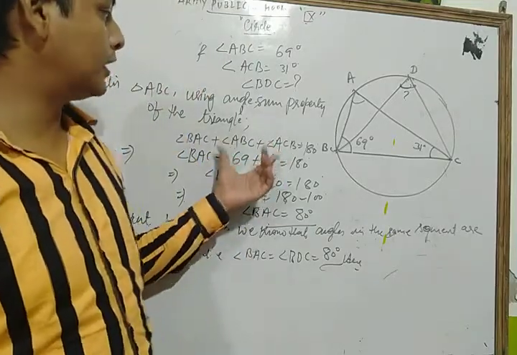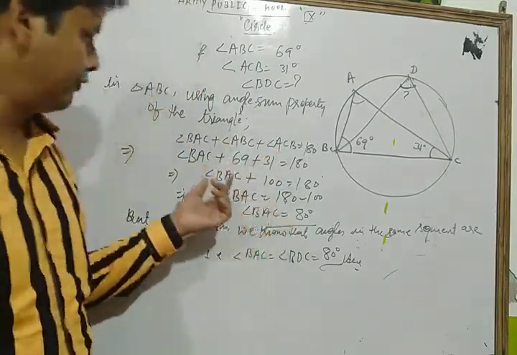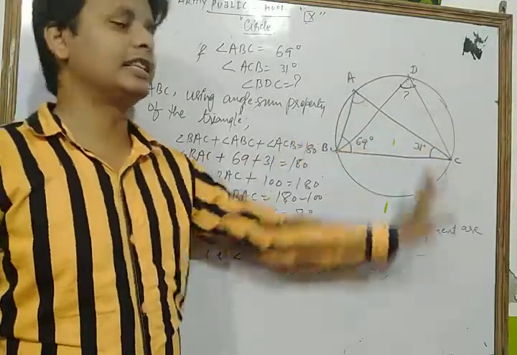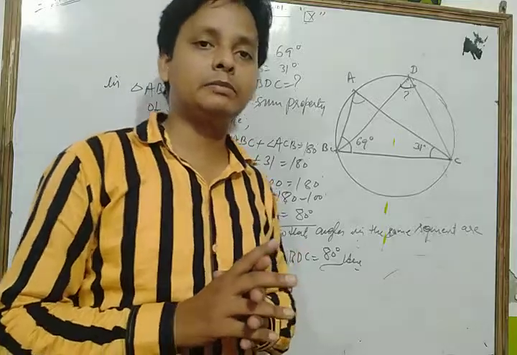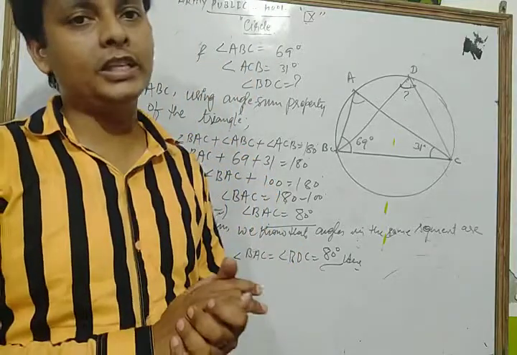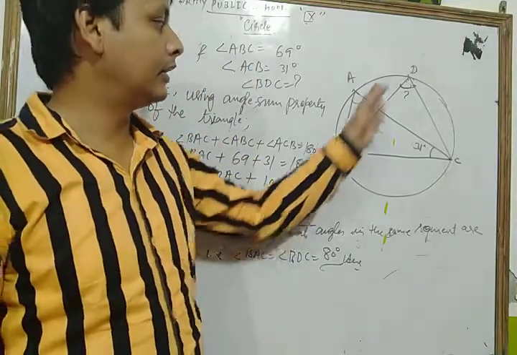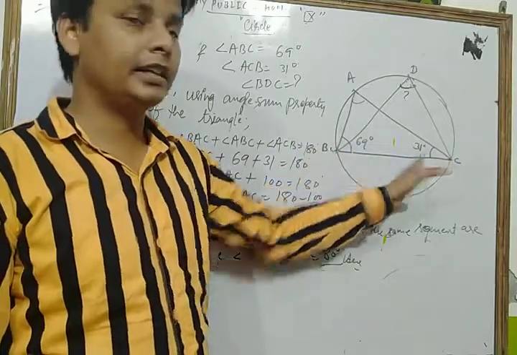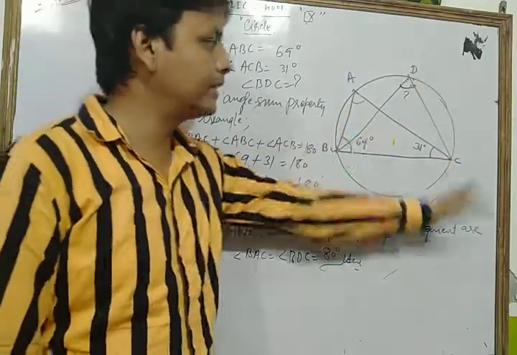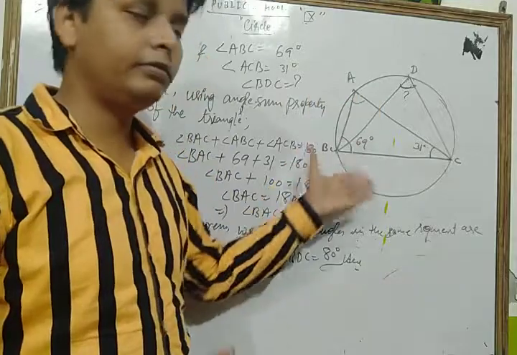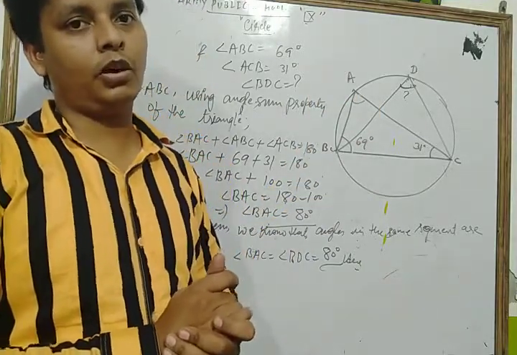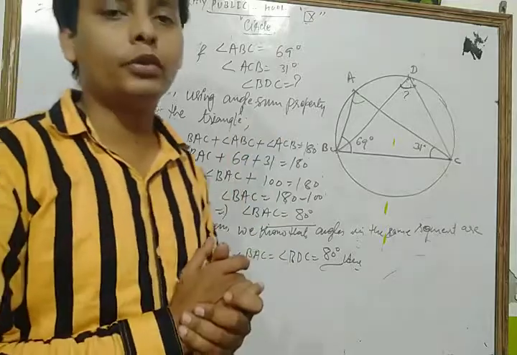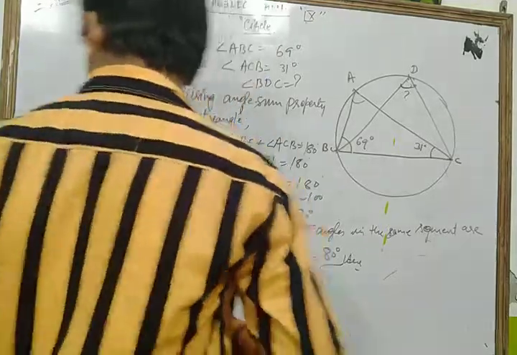In this way we find the value of angle BAC, and we know by theorem that angles in the same segment are equal to each other. So angle BAC is equal to angle BDC. In this way we solve this question. Now dear students, we take some other questions from your NCERT exercise. Let's see.